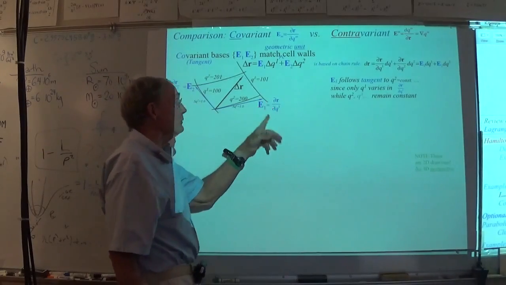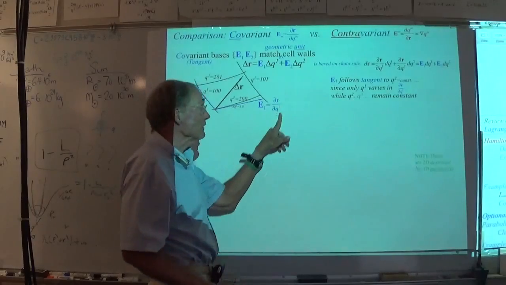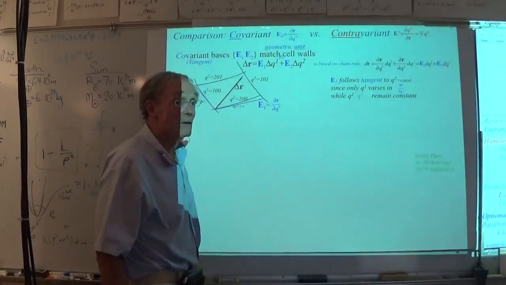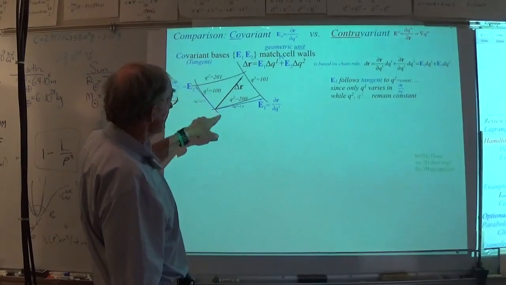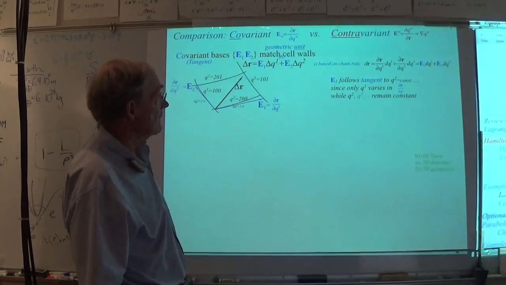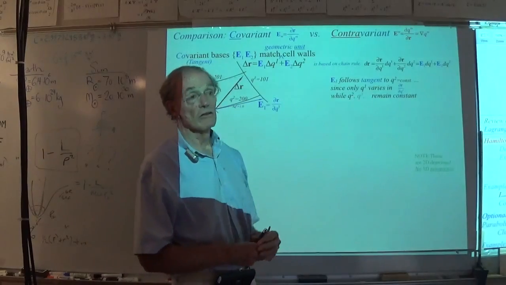It means you take the derivative of this with respect to Q1, but you must hold Q2 constant. That's implicit. And then this is the opposite case. So that's a key thing about the covariance.